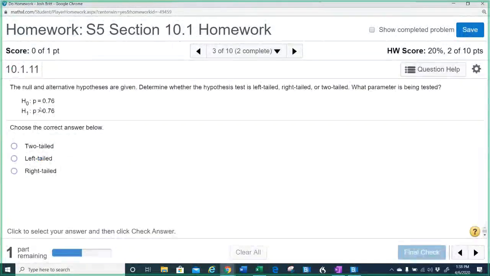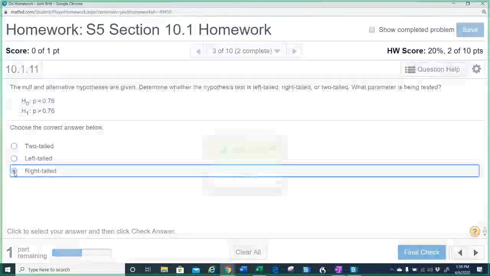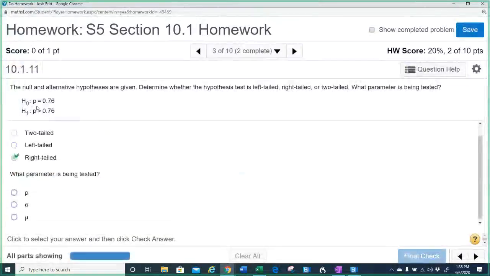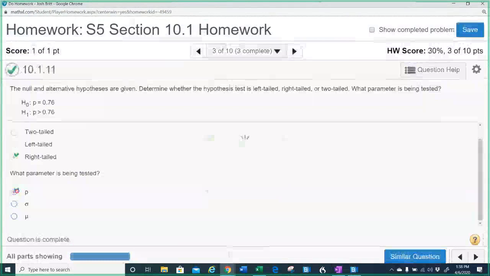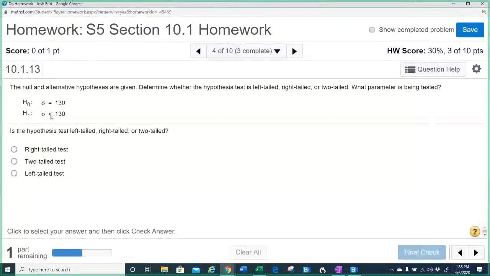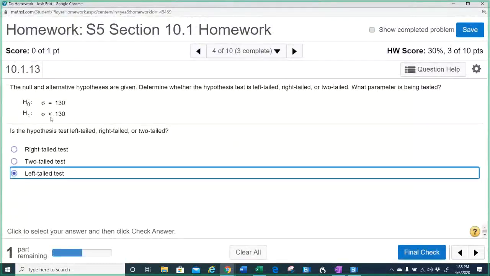If the arrow is pointing to the right, this will be a right tail test. Parameter being tested is population proportion. Left tail test, arrow to the left.